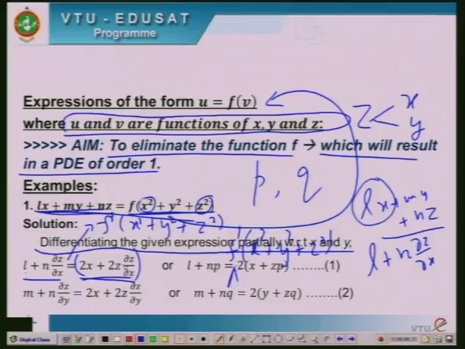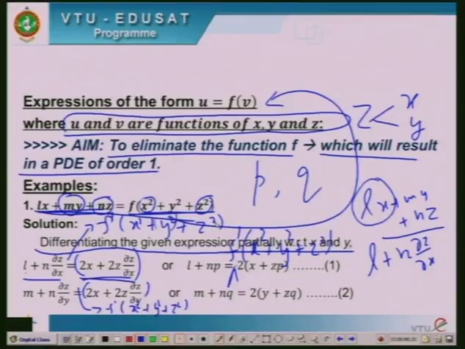Similarly, when you differentiate with respect to y, lx + my + nz, this is the y term. So, that will give you m, and nz should give n ∂z/∂y, is equal to, here again f'(x² + y² + z²) into the derivative of x² + y² + z² with respect to y, which will be 2y for y² plus 2z ∂z/∂y, because you are differentiating with respect to y.